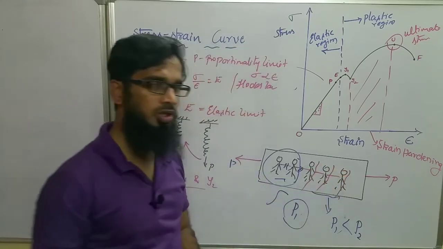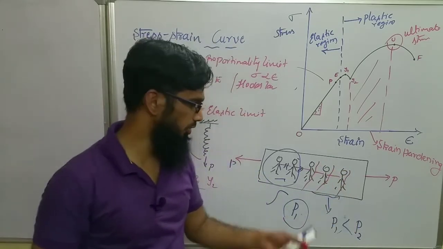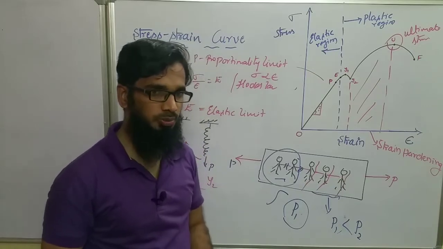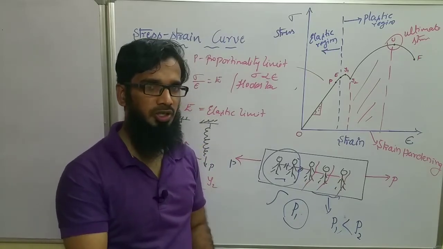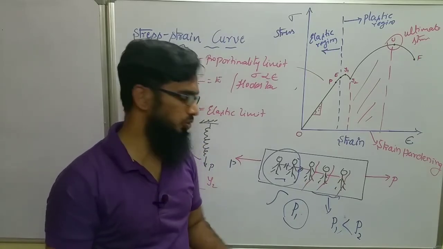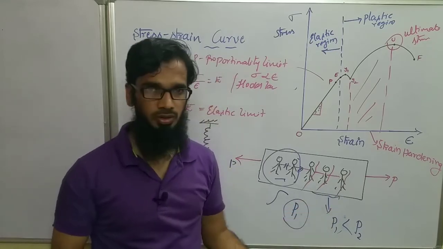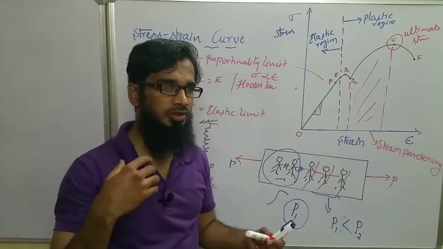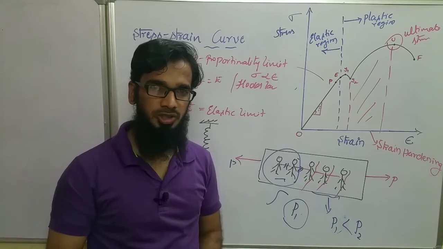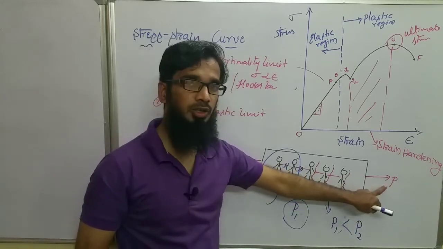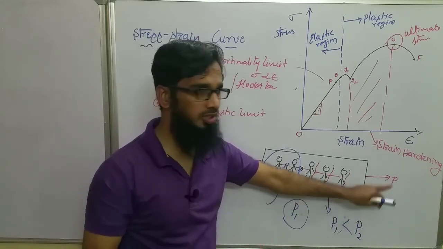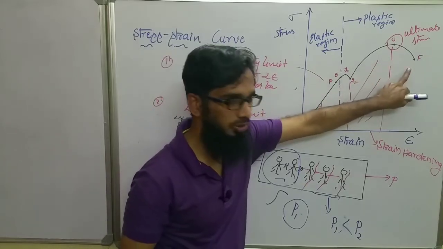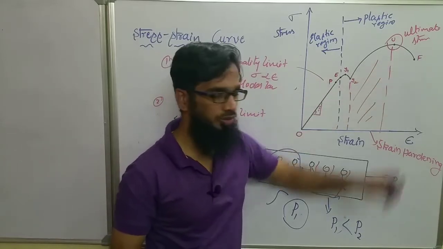This member will also break here. When it reaches a particular point, this member will also fall down. That's why they will not have that much stress to resist the applied load, or strain. That's why this graph will go down here.